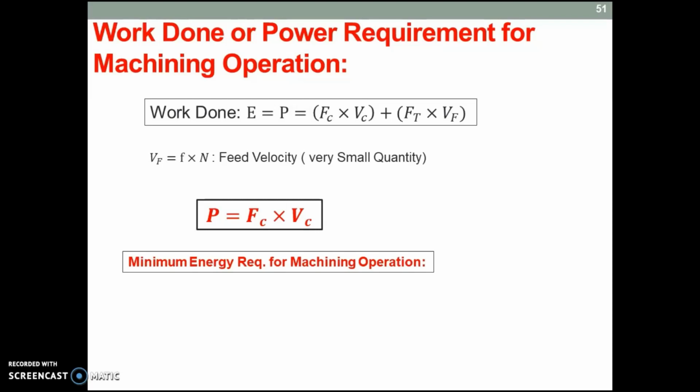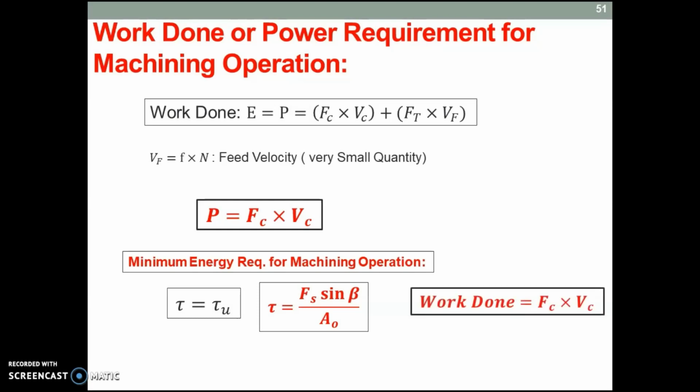So how will you get this? For the minimum energy requirement for the machining operation, tau is equal to tau u, which is the minimum requirement for the machining operation to be possible. Next, tau is Fs sin beta by A0, which we already derived in the last class, and the work done is nothing but Fc into Vc.